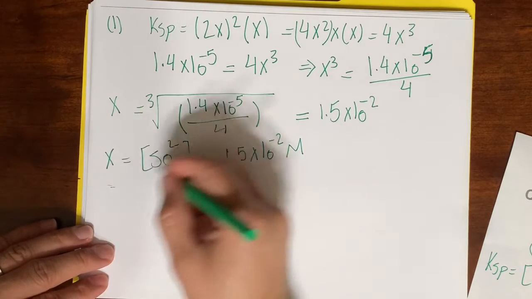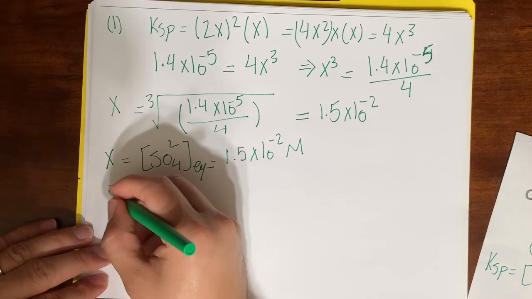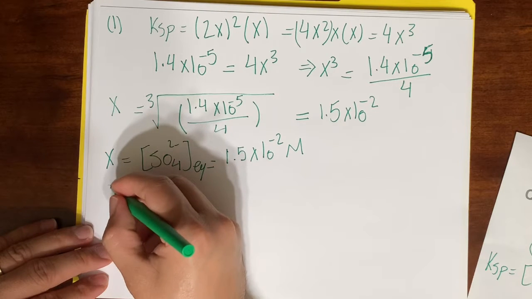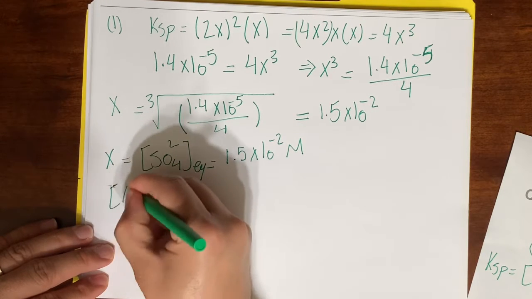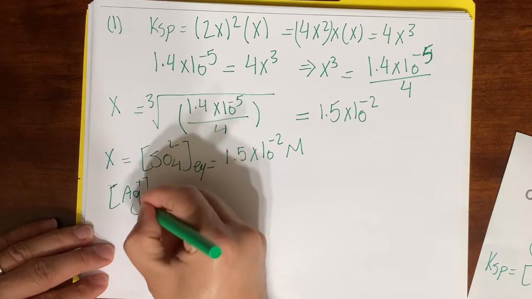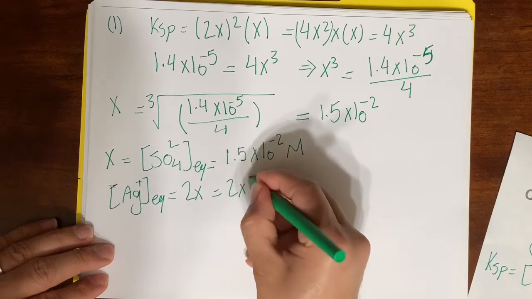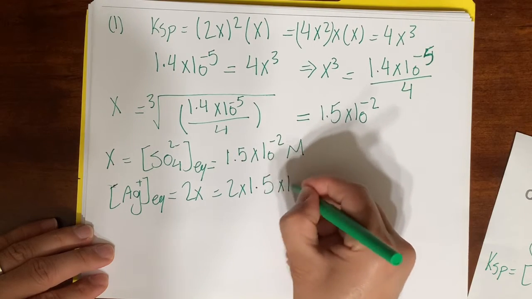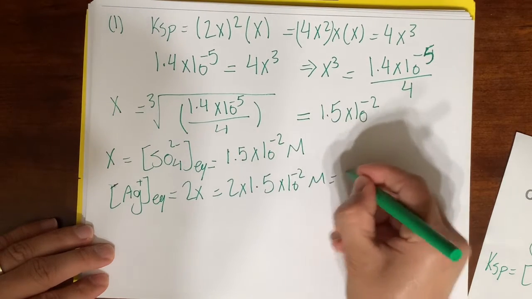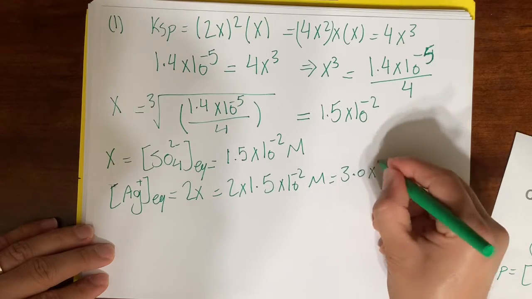And the silver is 2x. Okay, so the concentration of silver is equal to 2x, so you go 2 multiply this number, and it's going to give you this.